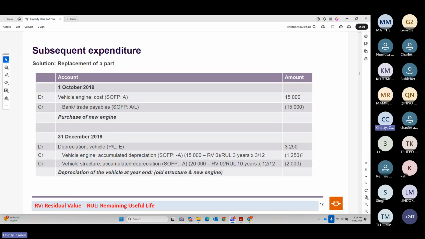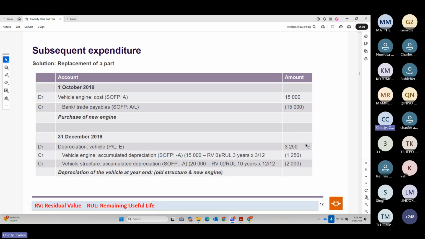So if we add up the depreciation relating to the new engine for the 3 months, it is 1,250 Rand, and the accumulated depreciation for the structure is 2,000 Rand. That will give us total current year depreciation at 31 December 2019 of 3,250 Rand.